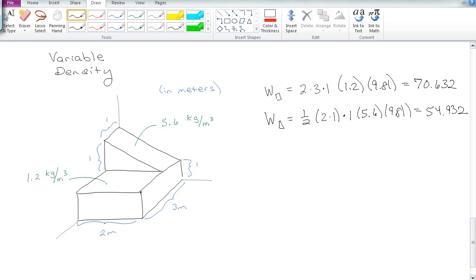Okay, now we want to actually find the center of these guys now. So basically we just need to do this along 3 directions now instead of just 2. So remember, x is in this direction, so x for the block is 1.5 over, so we're going to start with a 1.5 and multiply it by the weight of the block.